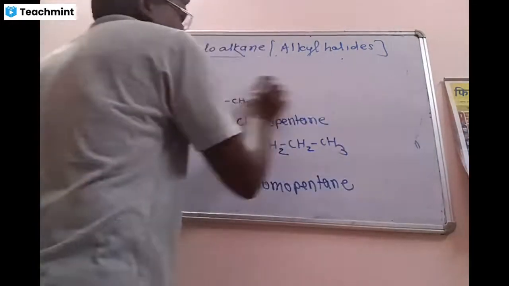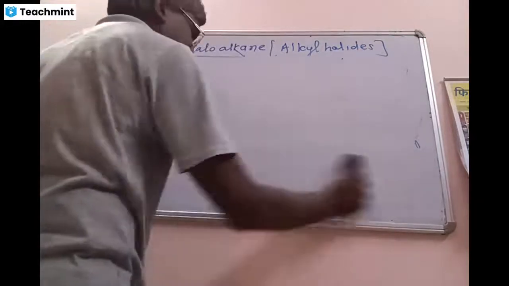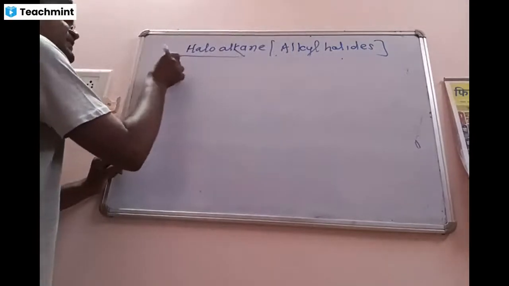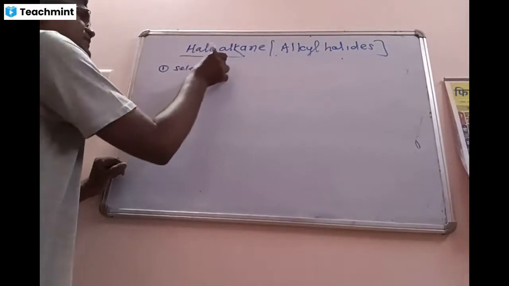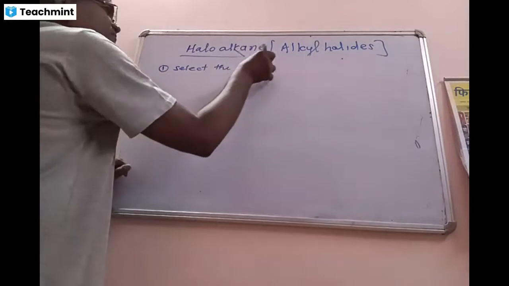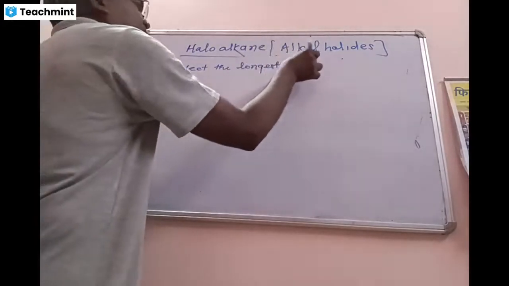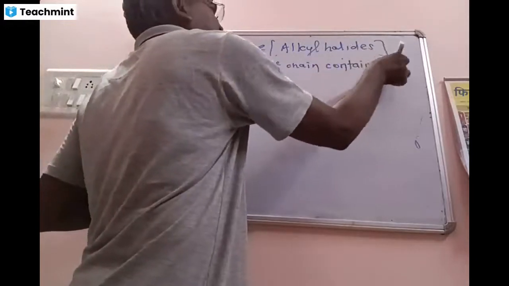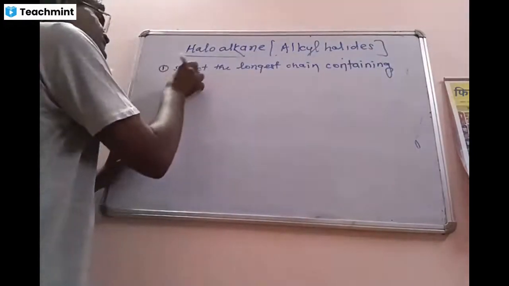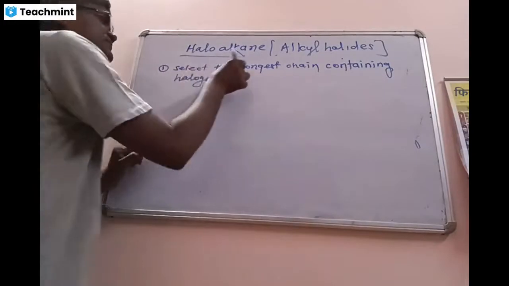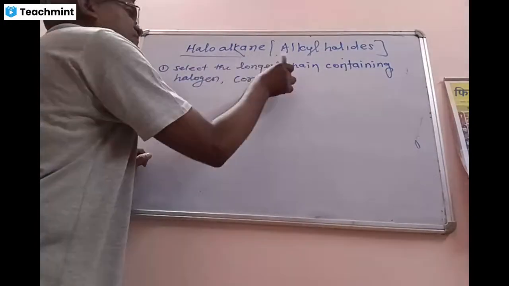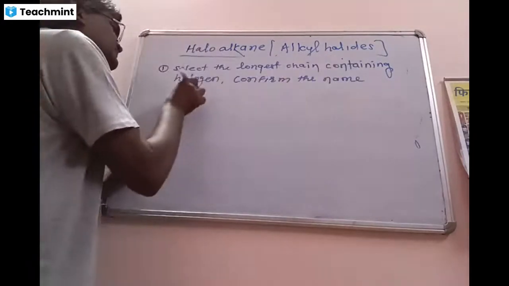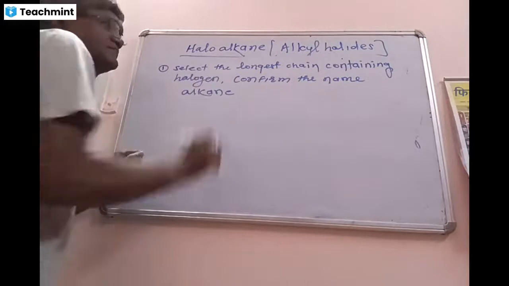So for writing the names of such compounds, what are we doing? We are selecting the longest chain containing halogen, then confirming the name of the alkane.